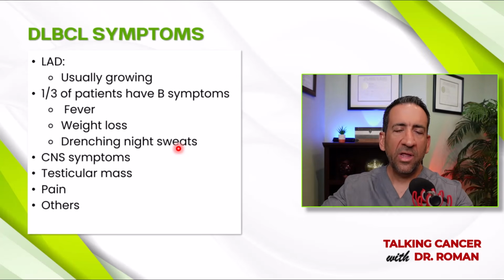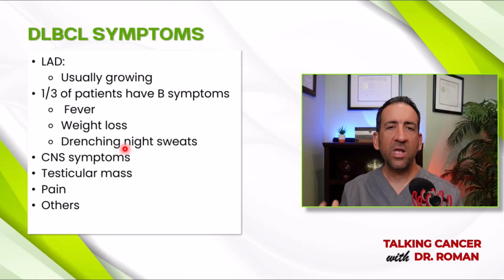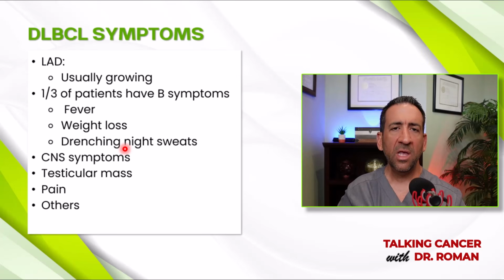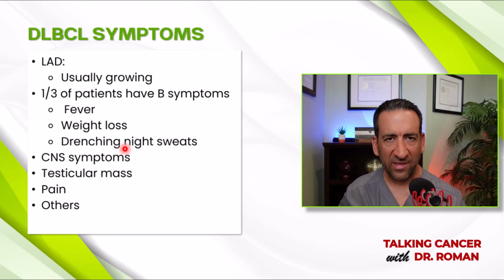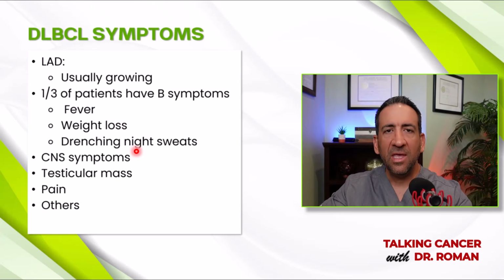But the word here is drenching night sweats. And patients will tell you exactly that they wake up and whatever article of clothing they have on is soaked with sweat. Okay, and that's what we usually see. So if you have any of these, then you are deemed to have a B symptom. It's very important because these symptoms also have prognostic information.